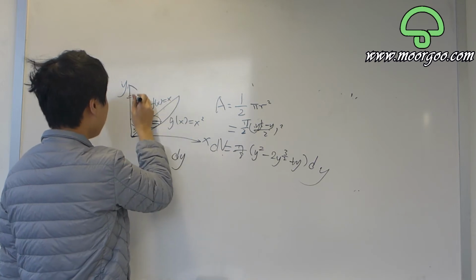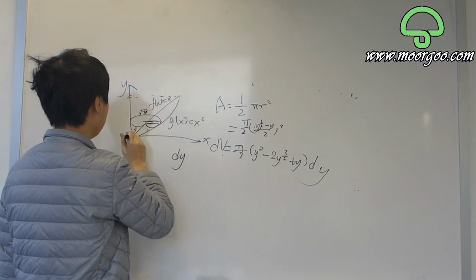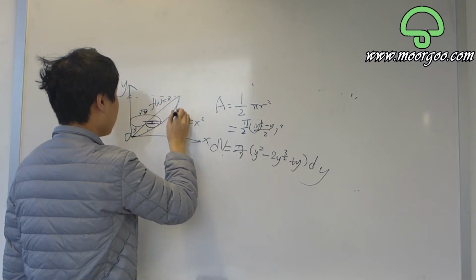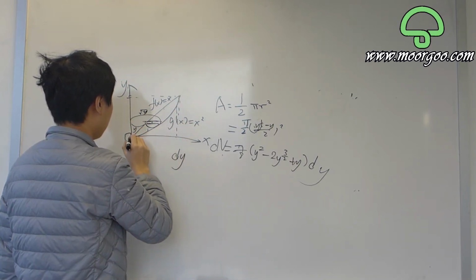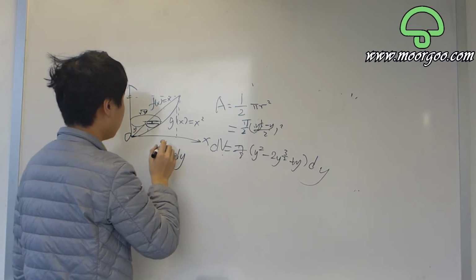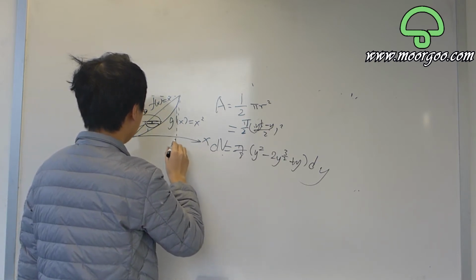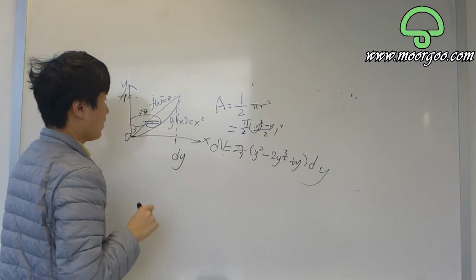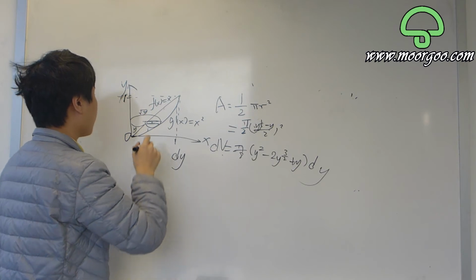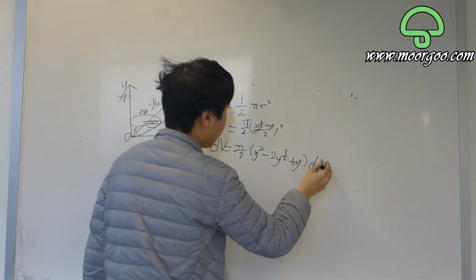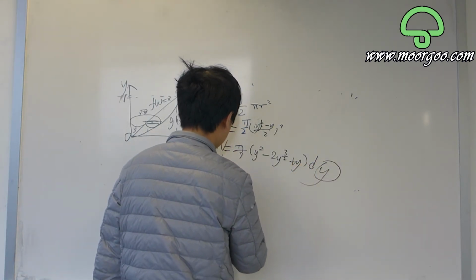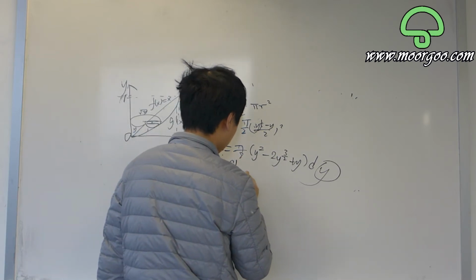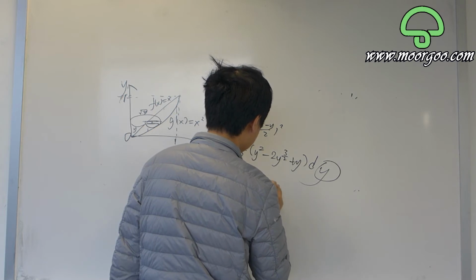We have to determine the limits of integration, and in this case that's easy because the lower limit is obviously 0, and the upper limit is obviously 1 for y. And we need to use the limits for y because we're integrating with respect to y. And things now become easy.